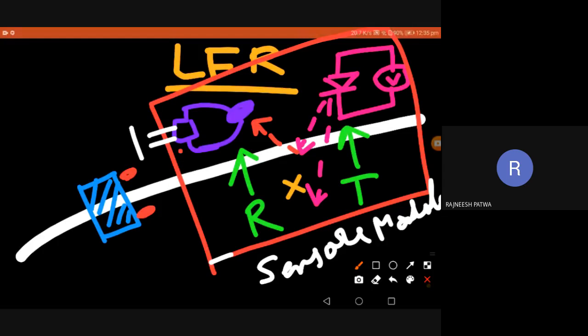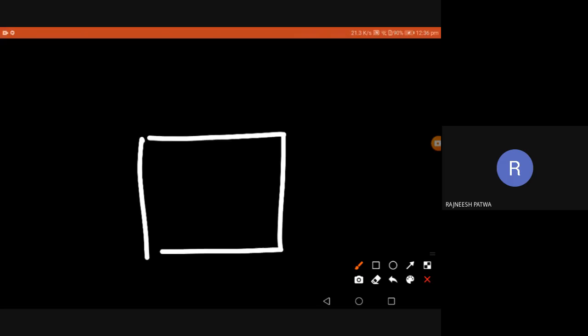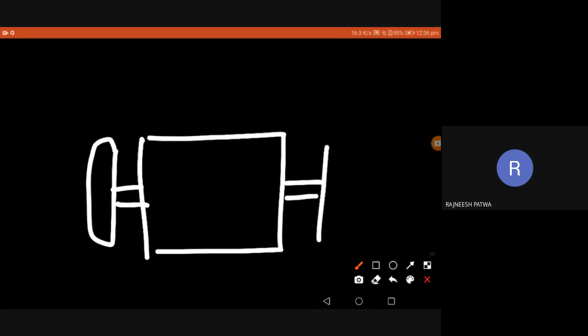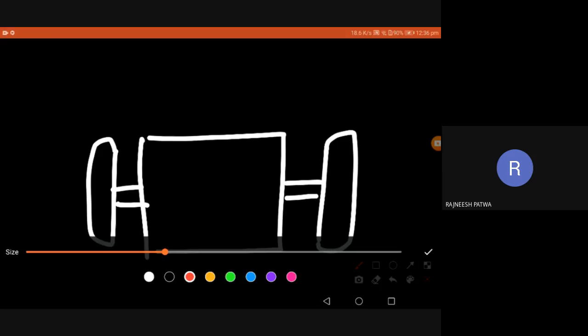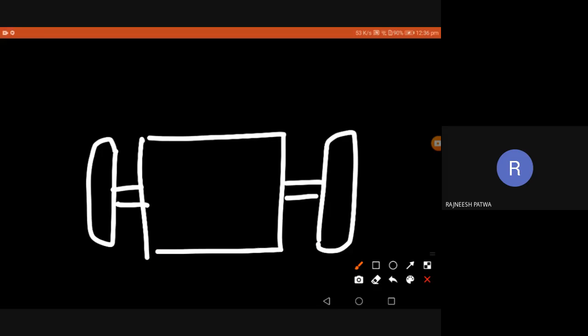If I use two sensor modules on either side of my robot, what happens? This is my robot. It has two tires, and I am keeping the sensor modules at two points: one module here, another module here.